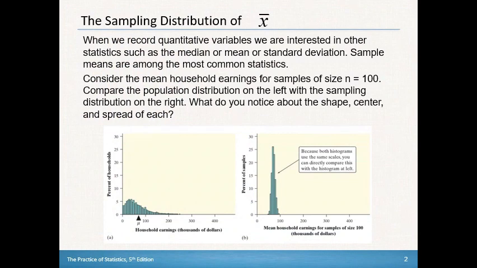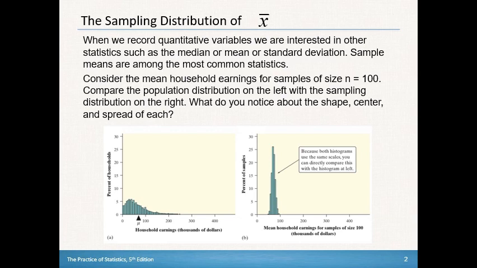All right, so let's look at the sampling distribution of the sample mean or the sampling distribution of X bar. So the mean is probably one of the most used statistics that we use in statistics. And so let's look at an example here. So on the left, we have a graph of all of the population data.